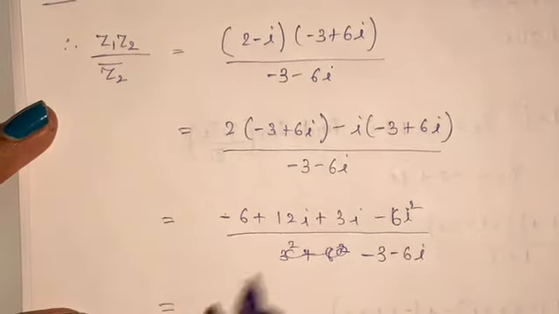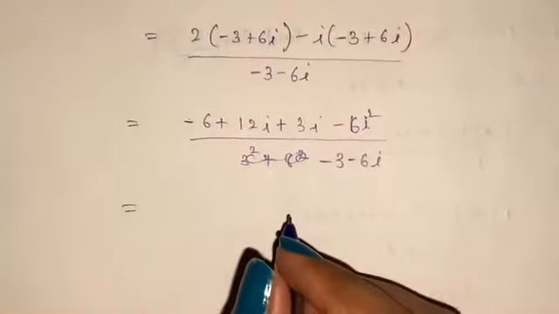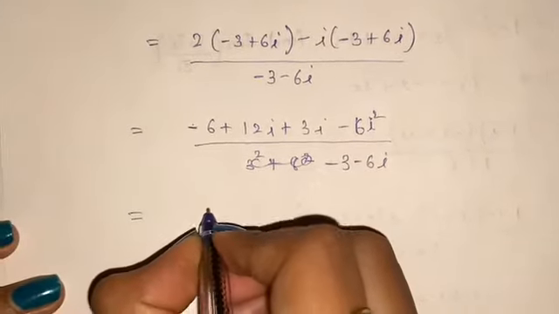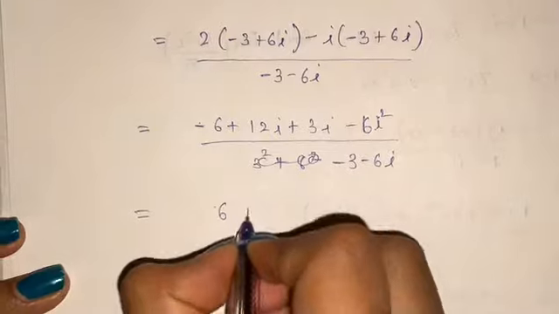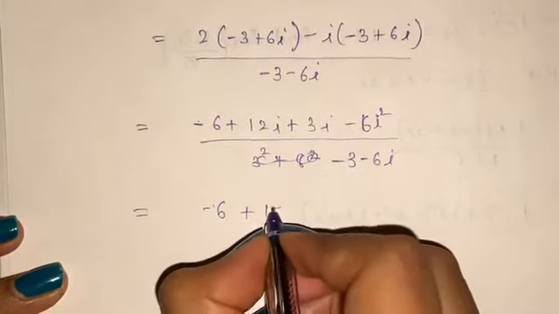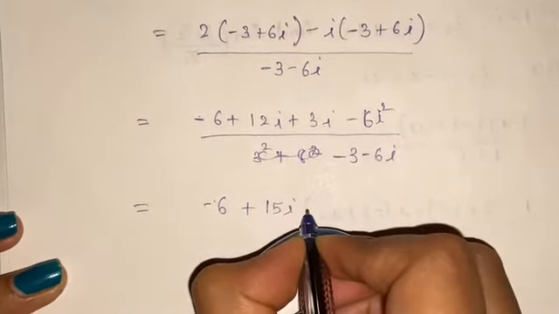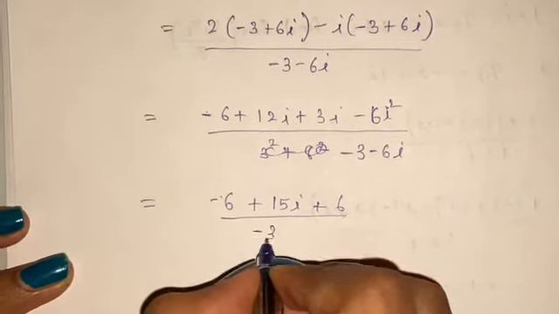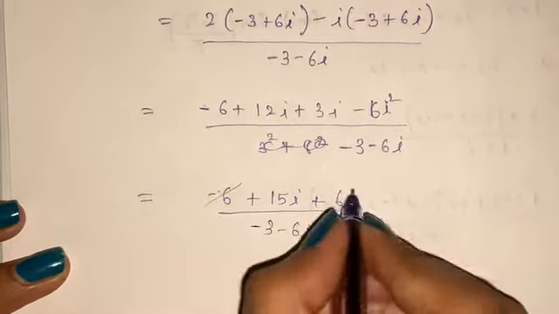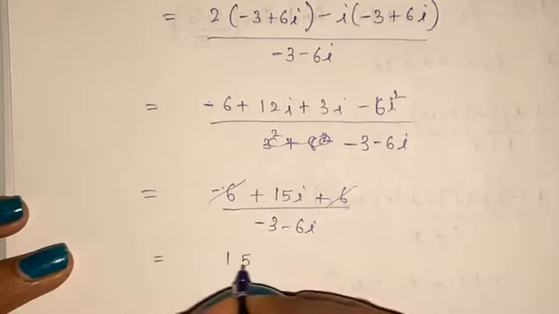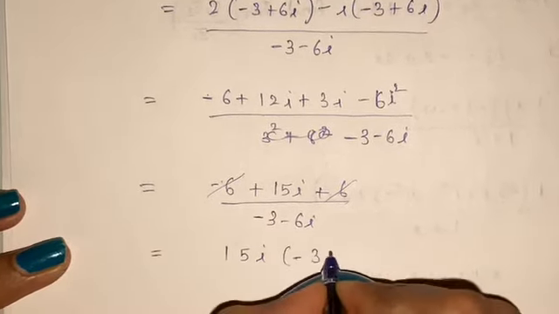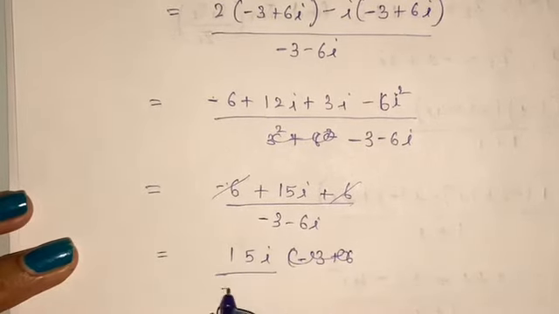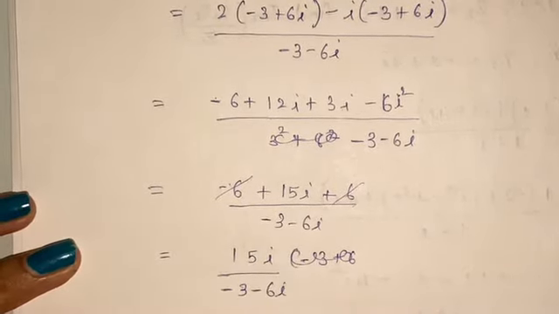Okay, now you will get minus 6 plus 15i, plus 6 upon minus 3 minus 6i. Cancelled, you will get 15i, and over here minus 3 minus 6i.